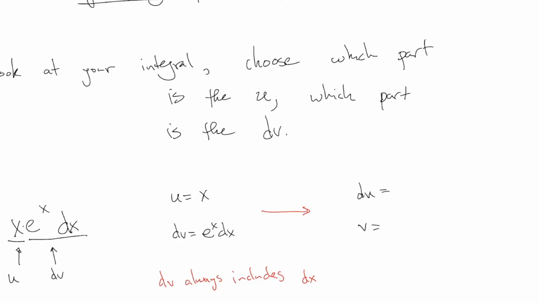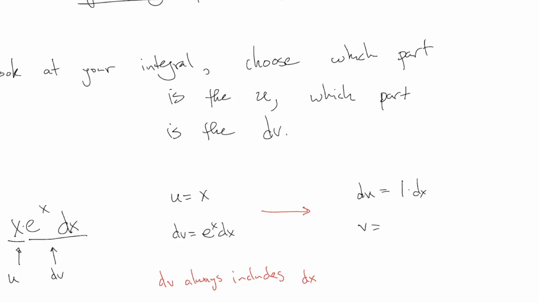If u is x, then du would just be 1 dx. Du is always the derivative of u, so this is 1 times dx. And the v is the integral, the antiderivative of dv. So if you have u, to get du, take the derivative. If you have dv, to get v, you take the antiderivative. Can anybody tell me what's the antiderivative of e to the x?